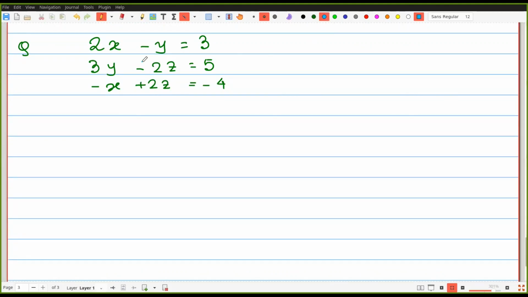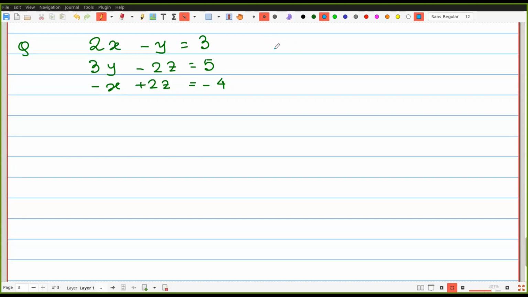What is happening here? The variables are 3, x, y, z. 3 variables, but not all the variables are given here. So we have to rearrange this. And how? We are proceeding with the sequence of the variables x, y, z.